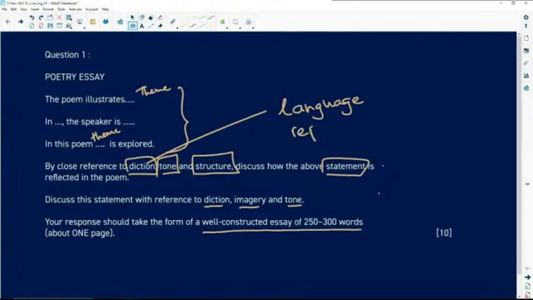So repetition maybe, anything about the language that is chosen. Imagery, there are your figures of speech. Tone, in each case, remember tone is feeling. Do not forget tone is a feeling. And then structure.